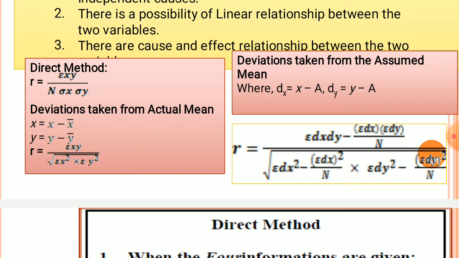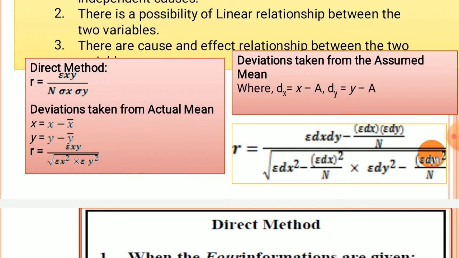Then to calculate correlation when deviations are taken from assumed mean, the formula is r is equal to sigma dx dy minus sigma dx into sigma dy by n, divided by root of sigma dx square minus sigma dx whole square by n into sigma dy square minus sigma dy whole square by n.